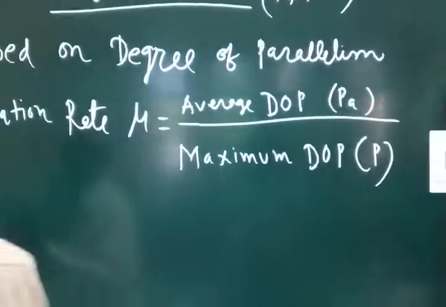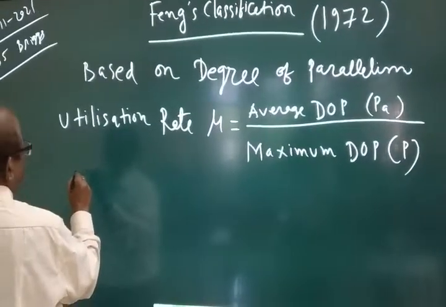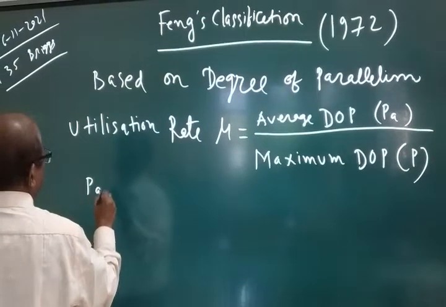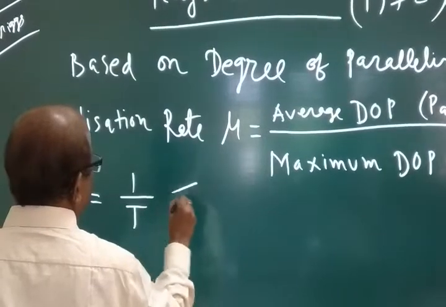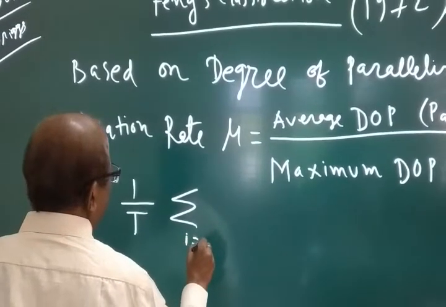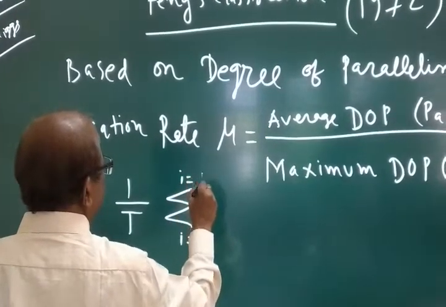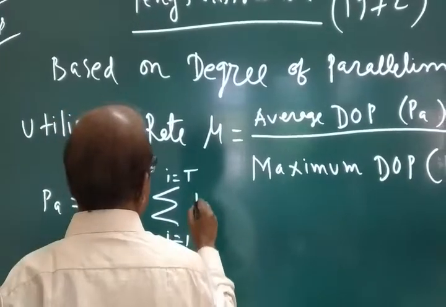So average degree of parallelism, PA, is given by the formula 1 upon T, sigma, i varying from 1 up to T, Pi.